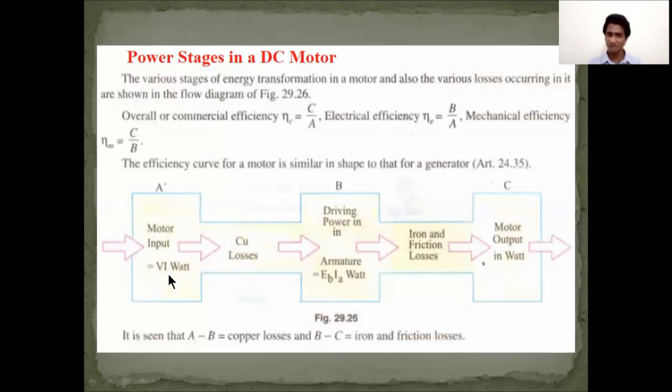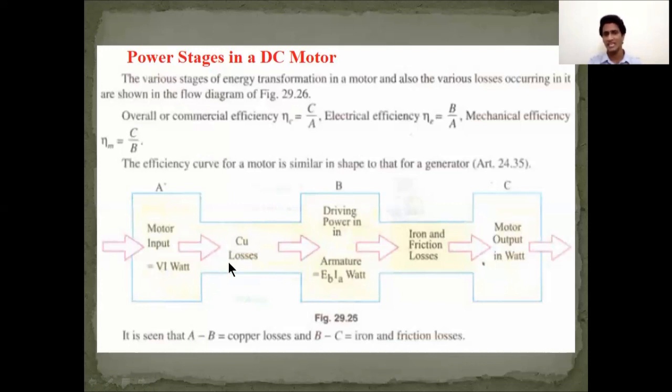What is the electrical efficiency? B by A. That is, when I give a VI power to my motor, a power will be developed in the armature equivalent to the mechanical power developed in the armature. That is EB into IA. So the electrical efficiency is EB into IA divided by V into I.